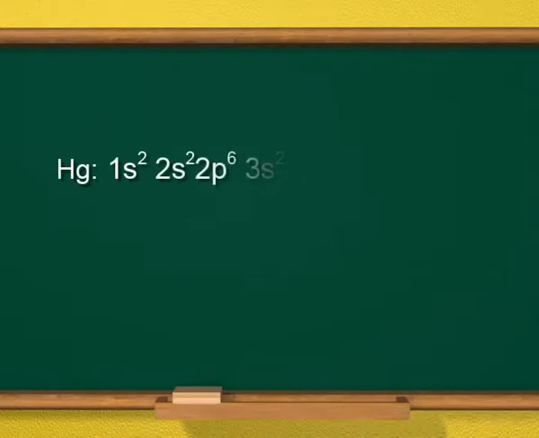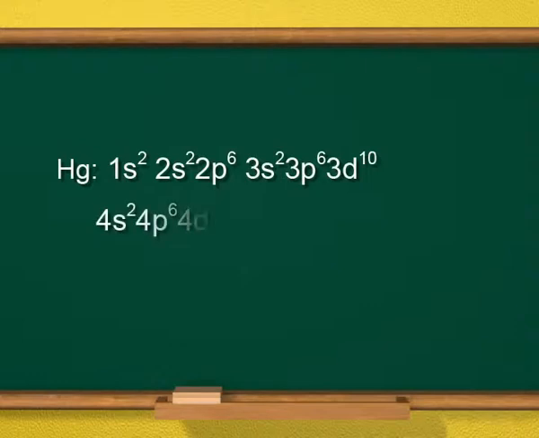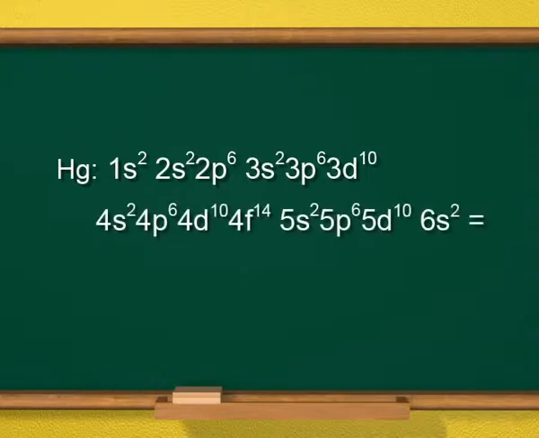Mercury: 1s2, 2s2, 2p6, 3s2, 3p6, 3d10, 4s2, 4p6, 4d10, 4f14, 5s2, 5p6, 5d10, 6s2 or 2, 8, 18, 32, 18, 2.